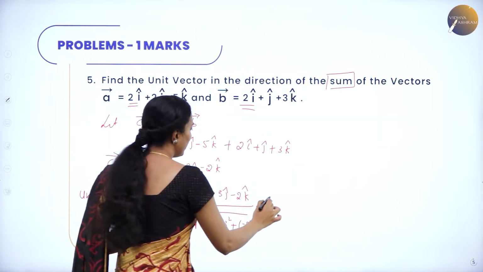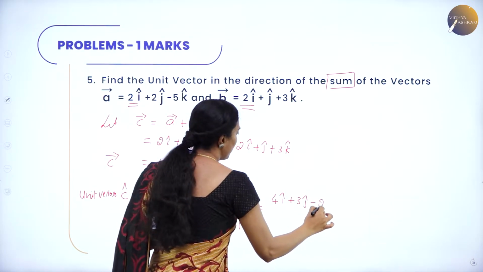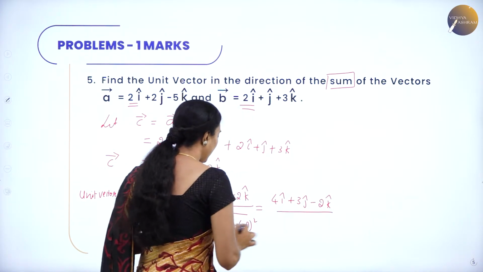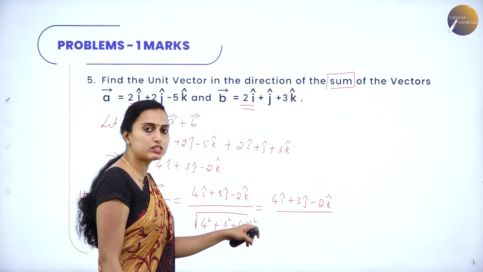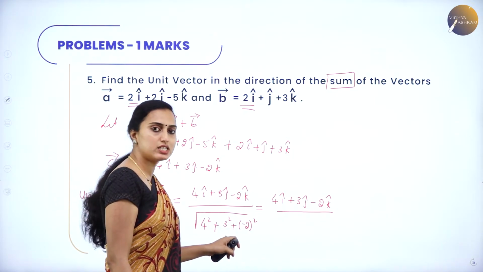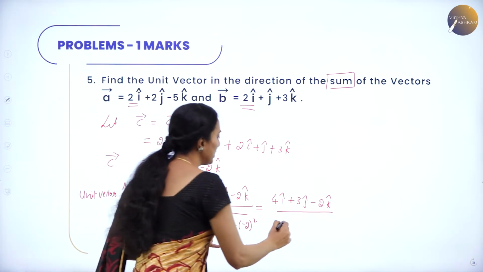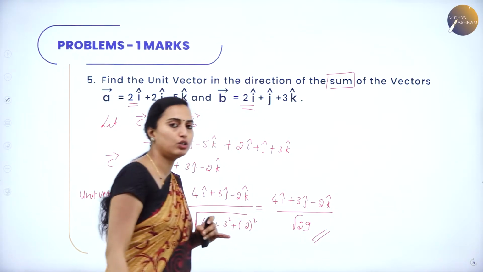So this gives you 4i plus 3j minus 2k divided by the root of: 4 squared is 16, 2 squared is 4, 16 plus 4 is 20, 3 squared is 9, 20 plus 9 is 29. So under the root 29, and this is your answer.